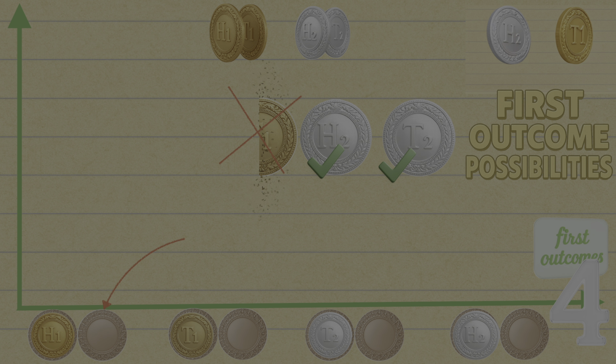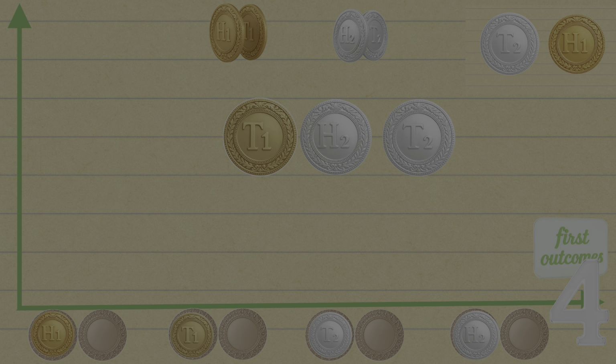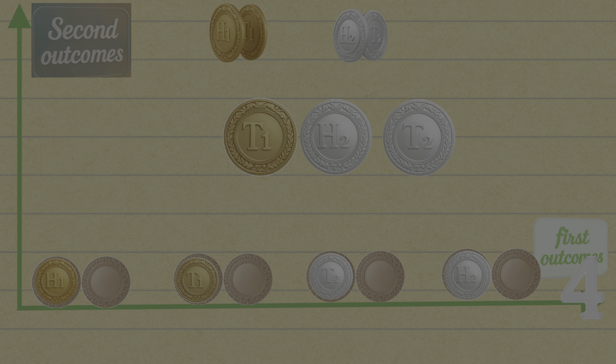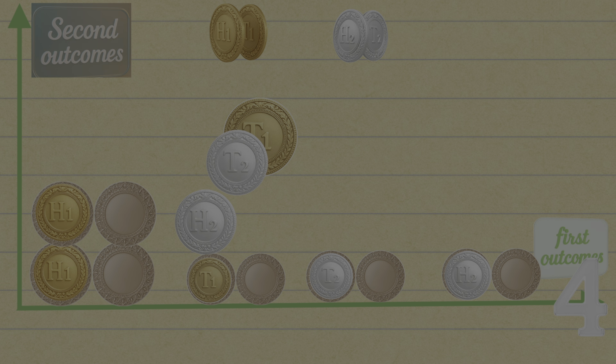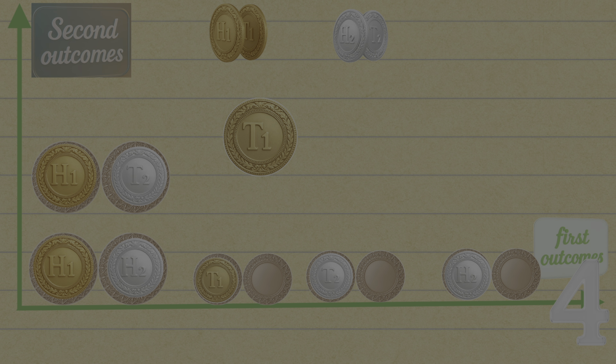So we eliminate gold T1 for the possible second outcomes when gold H1 is first. Given that the gold coin shows head, H1, the silver coin has 2 possible outcomes, head, H2, or tail, T2. Let's list both.